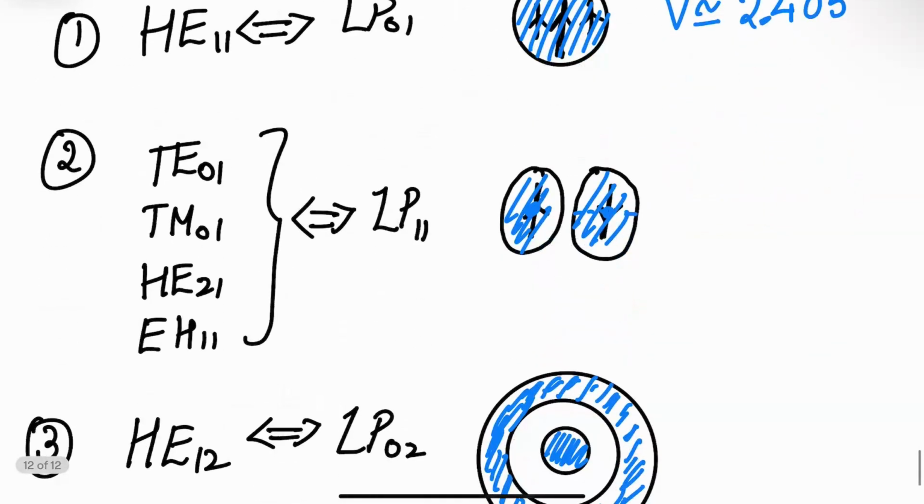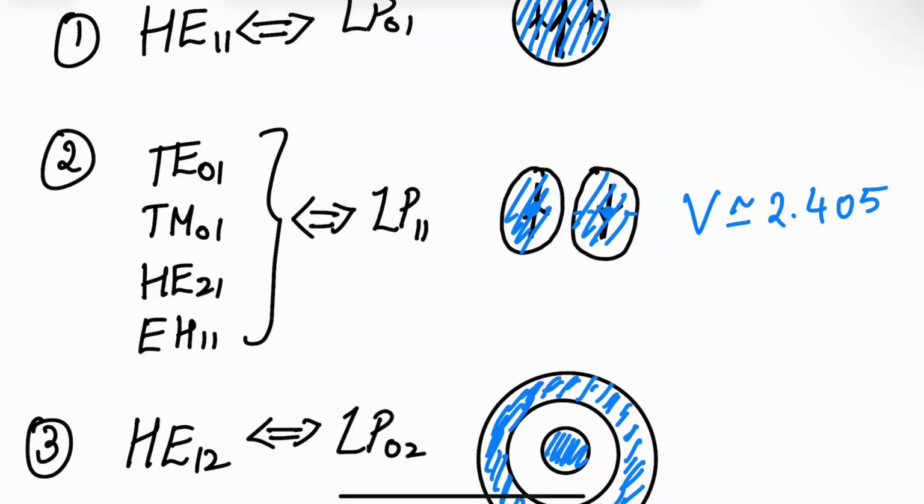Right, so at a wavelength where V reaches this, oh, sorry, I should say that this is not right. There is no cutoff for the fundamental mode, right? So the V number of the first higher order mode is approximately 2.405.